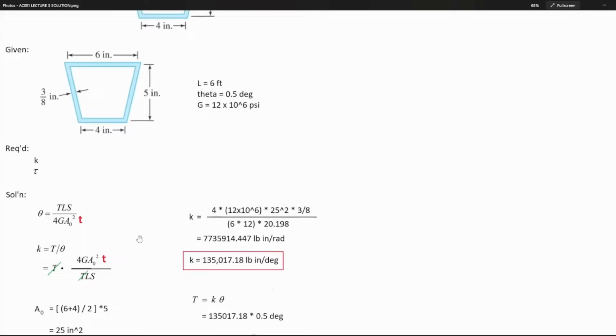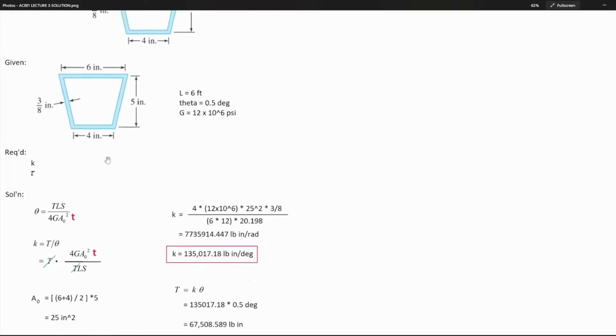So, to solve for A0, this is just a, what is this called? A trapezoid. Okay, so our thin-walled tube is trapezoidal.